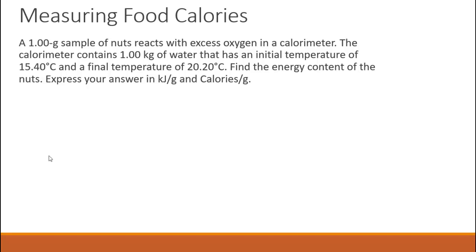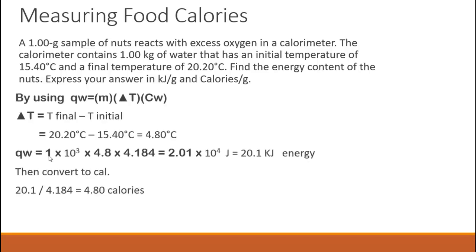So first, we will replace the given numbers in our equation that states that the heat of water is equal to mass times delta T times Cw. So by using Qw = m × ΔT × Cw, first we will calculate the change in temperature, which equals 20.2 degrees minus 15.4, that equals 4.8 degrees, and then replace the given numbers in our equation.